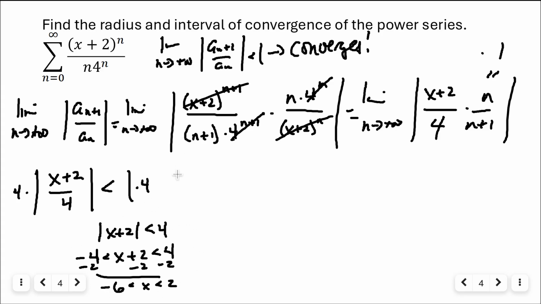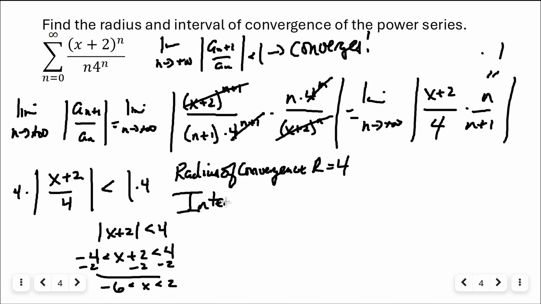I know the radius of convergence R is 4. So this series converges 4 units from its center. Remember, its center is -2, it's x plus 2, so the center is -2. So it converges 4 units away from that center. And then I have this inequality at the bottom: -6 is less than x is less than 2.